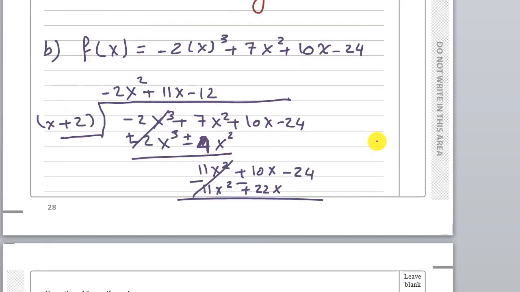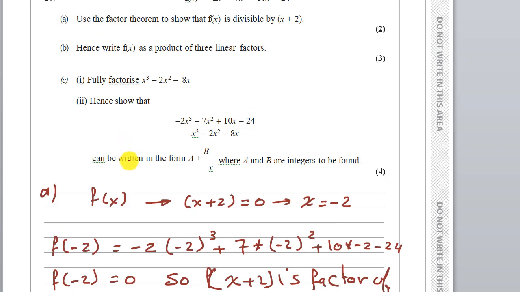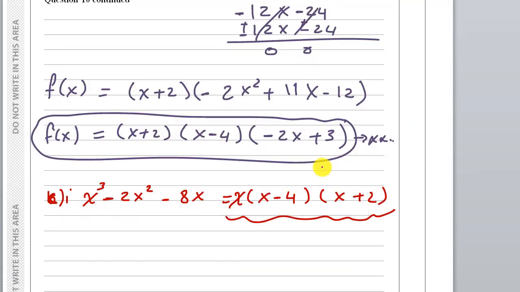Let us go ahead to another one. In the second part, hence show that f of x divided by the first part in this question can be written in the form a plus b divided by x, where a and b are integers to be found. So let us solve this part.